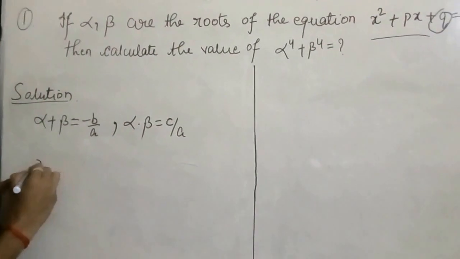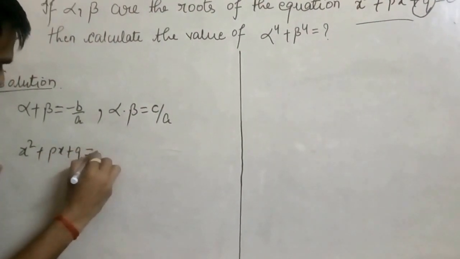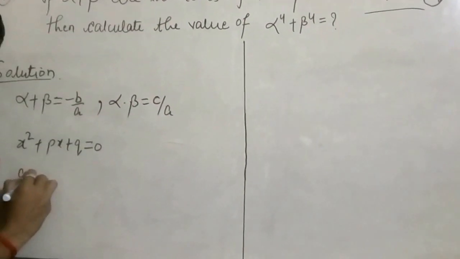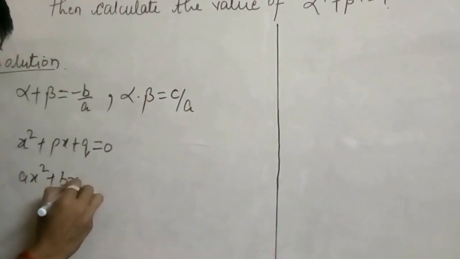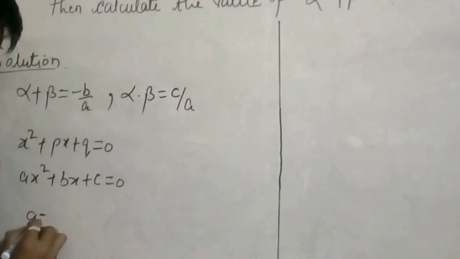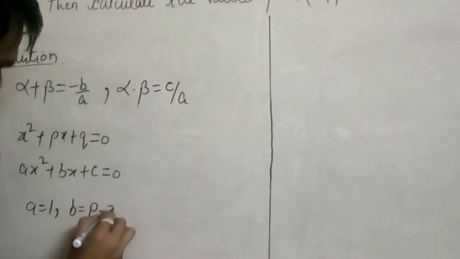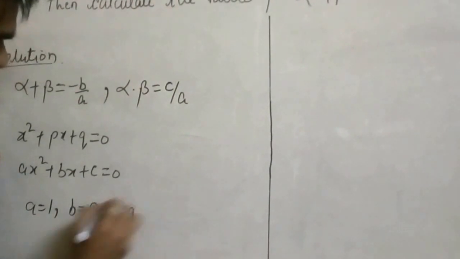So if we compare x square plus px plus q equal to 0 with ax square plus bx plus c equal to 0, then we get a equal to 1, comma b equal to p, comma c equal to q.